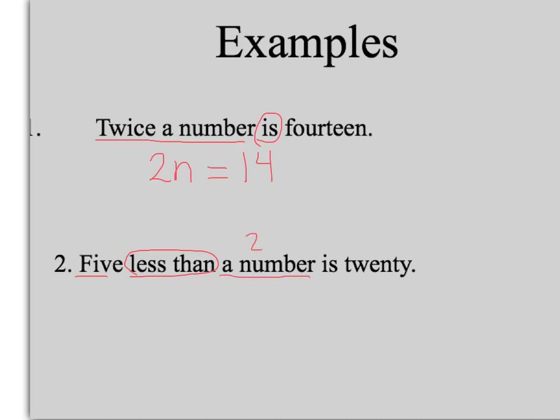This is our second number, so it's going to go first. We don't know what that number is, so we're just going to say n. Less than means subtract, and 5, because it said 5 less than a number, is, which means equals, and then we have 20. So we have n minus 5 equals 20.